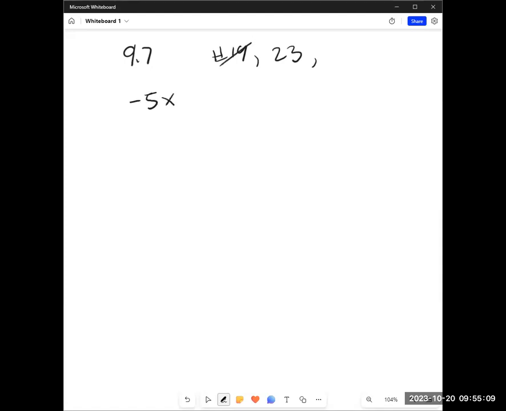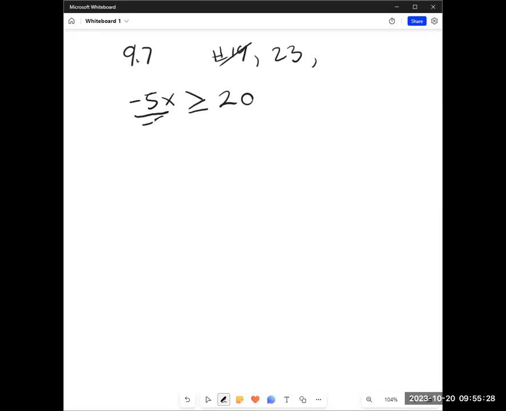Negative 5x is greater than or equal to 20. So this is where things get a little different than regular equations, because when I multiply or divide by a negative number with an inequality, I have to change the direction of the inequality sign.